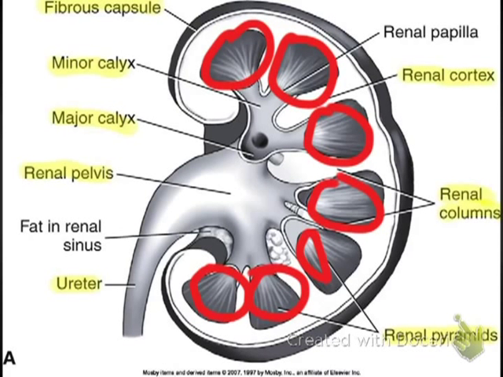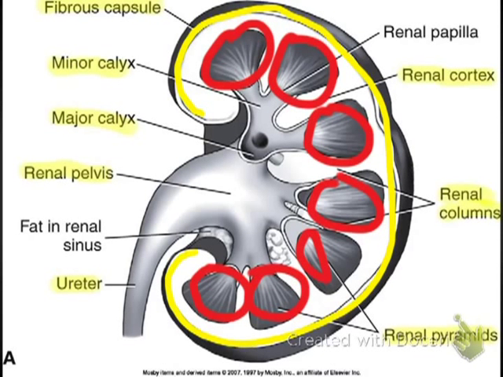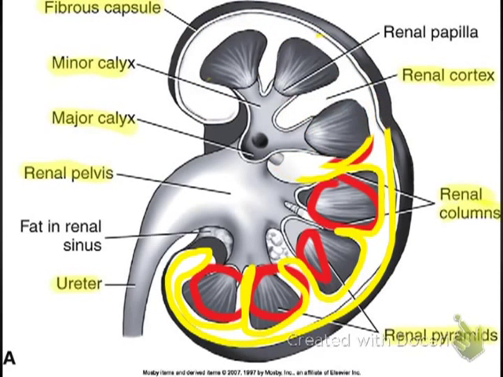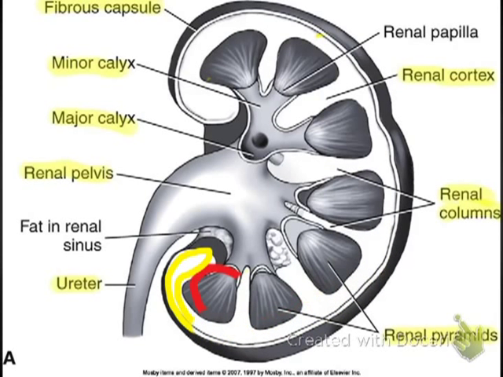Okay, so this is all the medulla, and all of the yellow is the cortex. So hopefully that'll allow you to keep things a little more straight as you're looking at images. Keep in mind that the medulla has the renal pyramids in them, and so hopefully that will allow you to delineate between the cortex and the medulla.